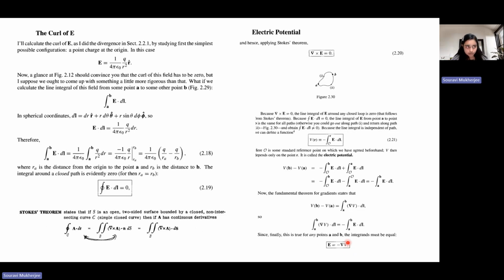That's a much easier way of finding fields than looking at individual components and doing integrations and calculations with vector quantities. So that led to this very idea of the electrostatic, or electric, potential V. Now we know the divergence and we also know the curl for the electrostatic case. That defines how the fields are. For any particular distribution, we can use this relation to find the electric field at a given location.